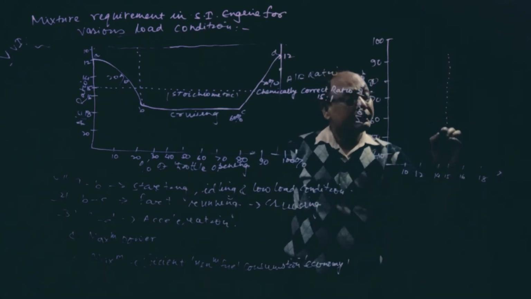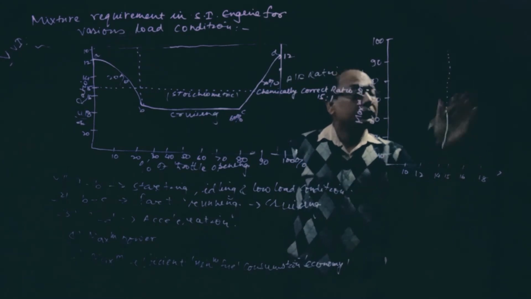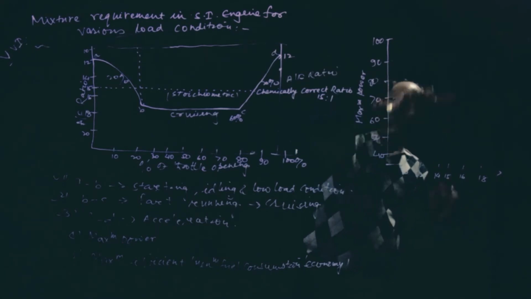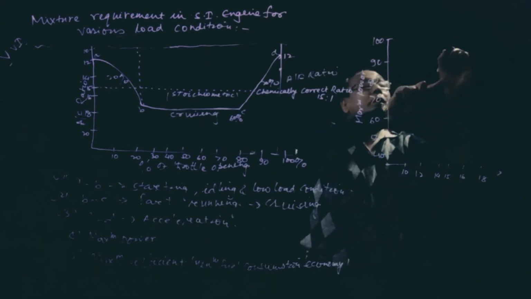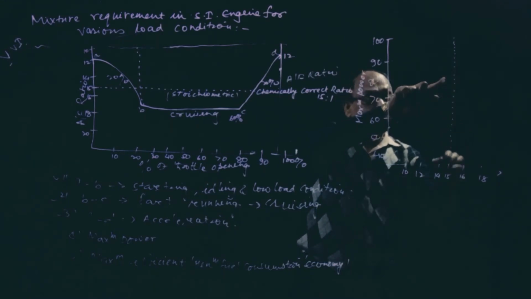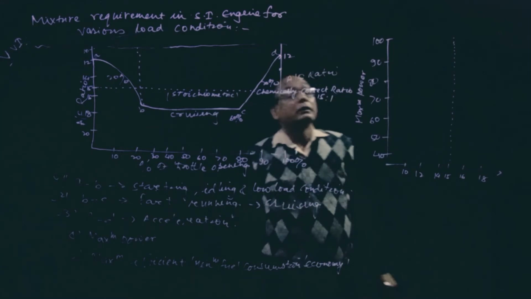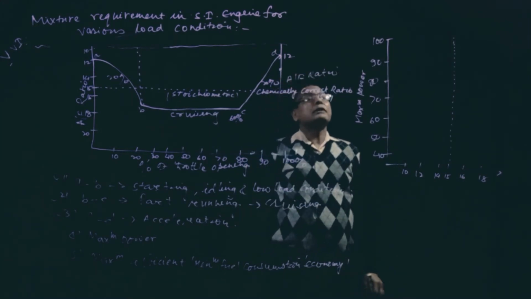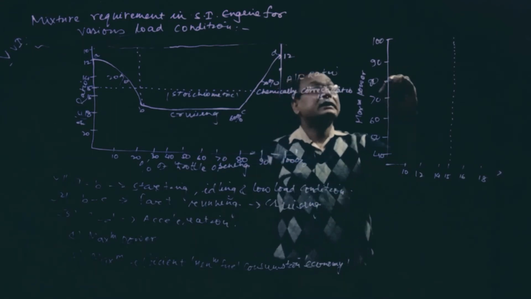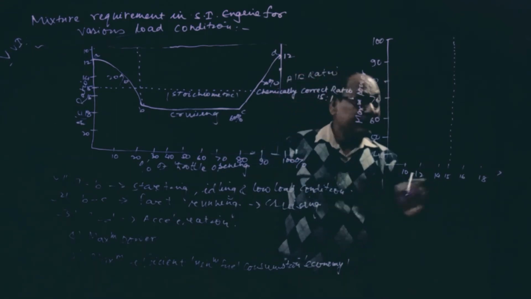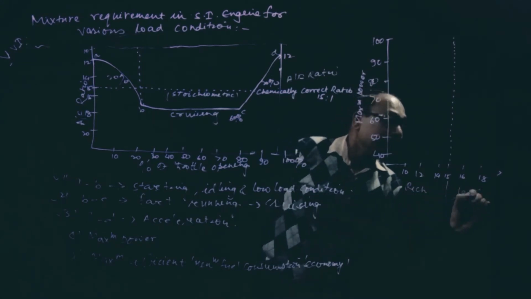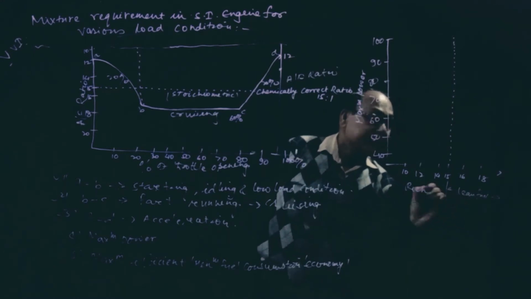See here, this is the stoichiometric ratio. Now when we want maximum power, see here, this is rich fuel, am I right, and this is lean fuel ratio, this is rich fuel.